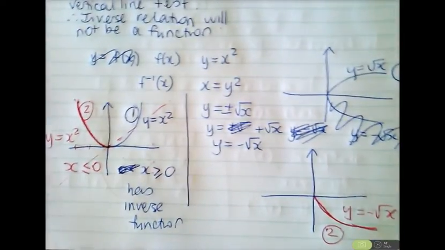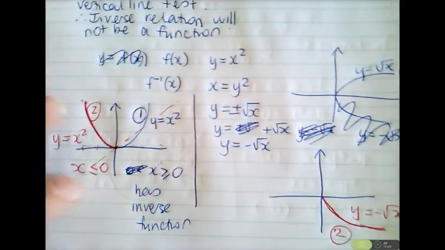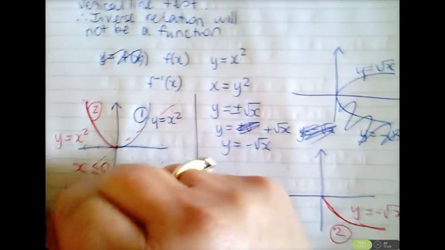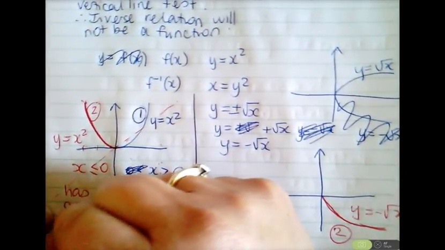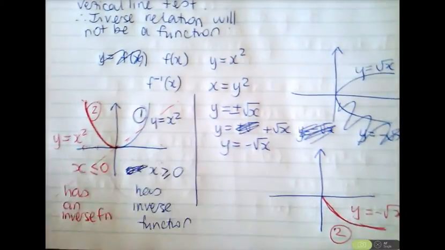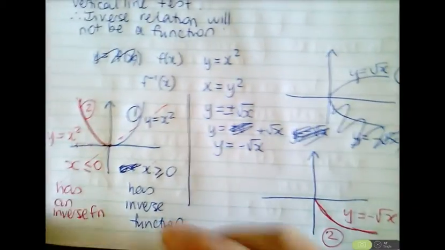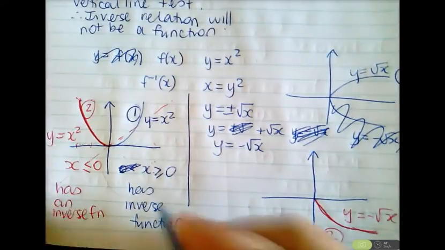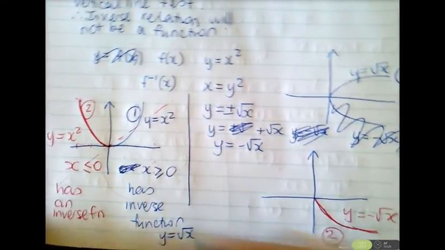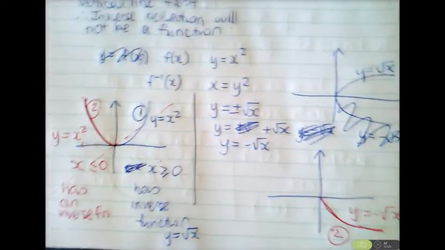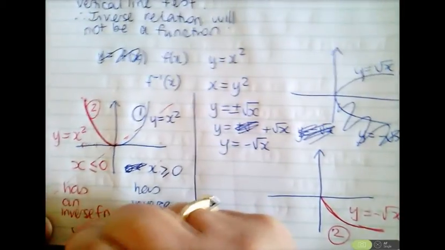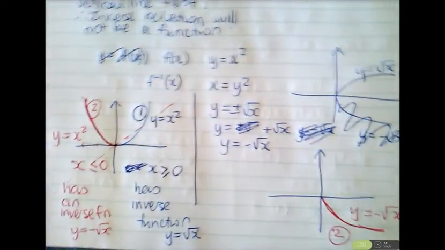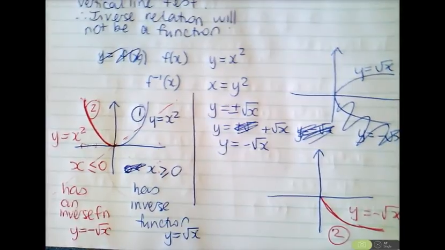Also, on its own, the red bit, y equals x squared for x less than or equal to 0, also has an inverse function. Okay? Now, what's the inverse function of the blue bit? It's y equals positive square root of x. And the inverse function for the red bit is y equals negative root x. Do you get that idea?